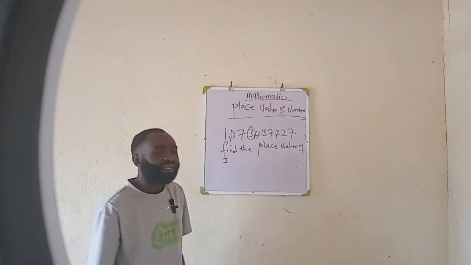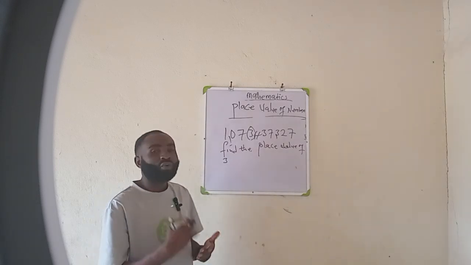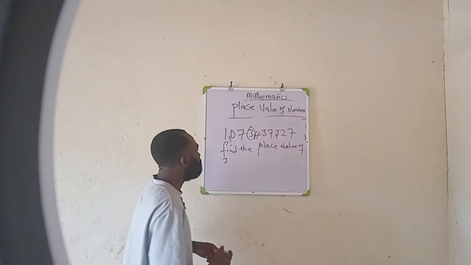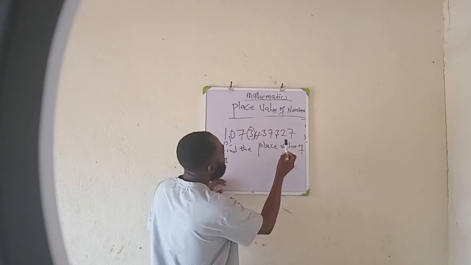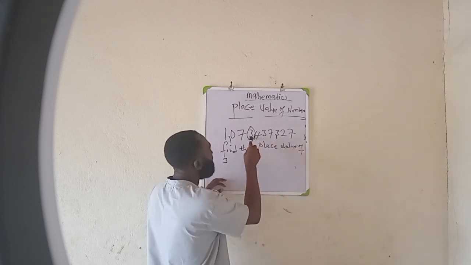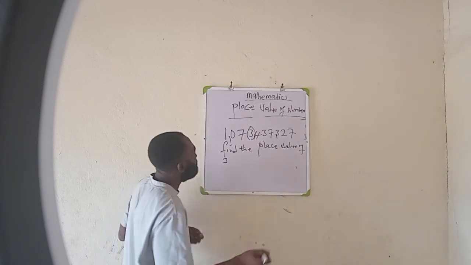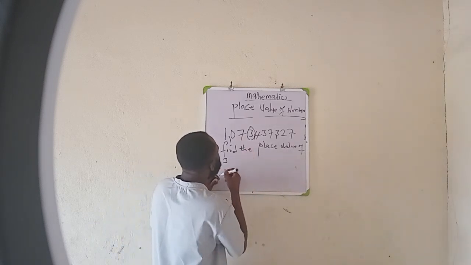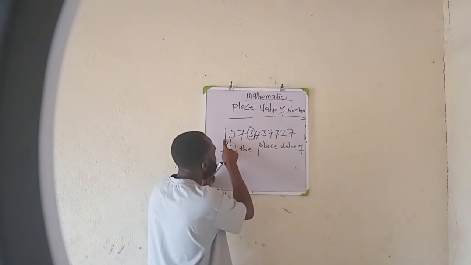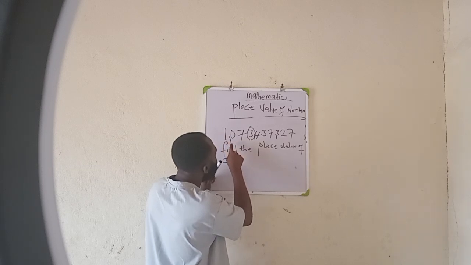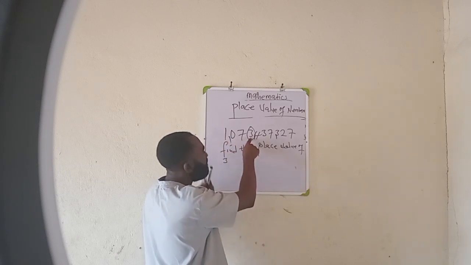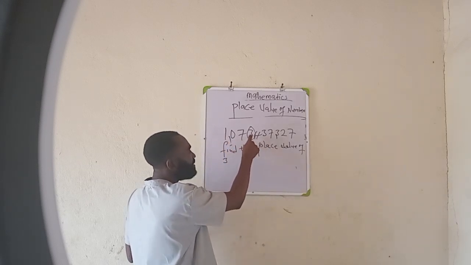That is to tell you the number is no longer in millions. So since you are asked to find the position of 3, that is the place value of 3, you will know that this is 1,073,000,000. So the position of 3 is also what?